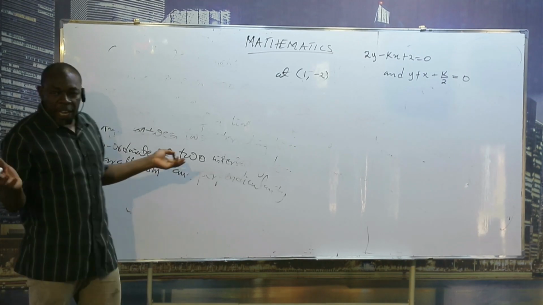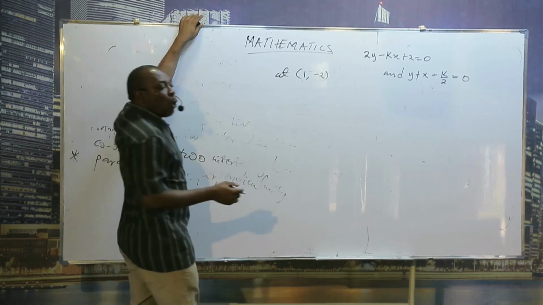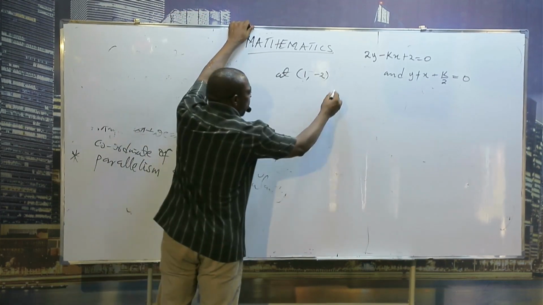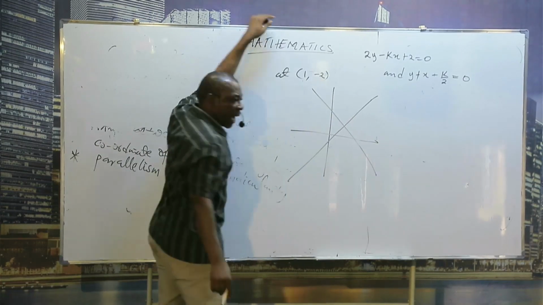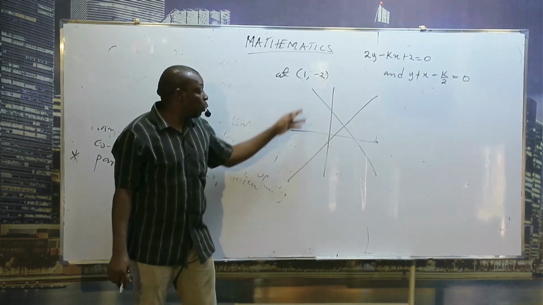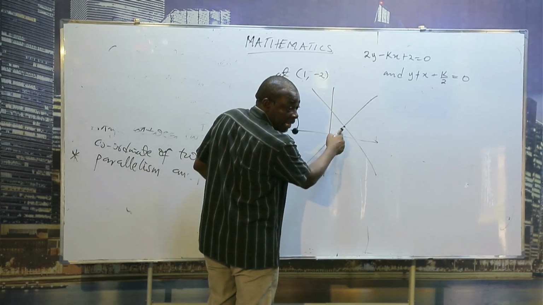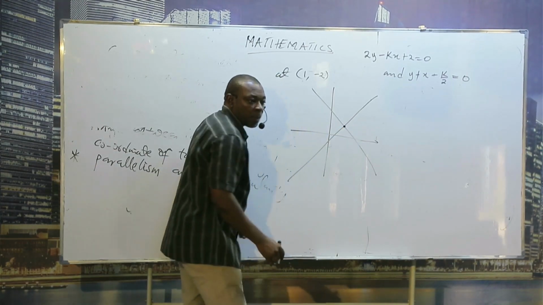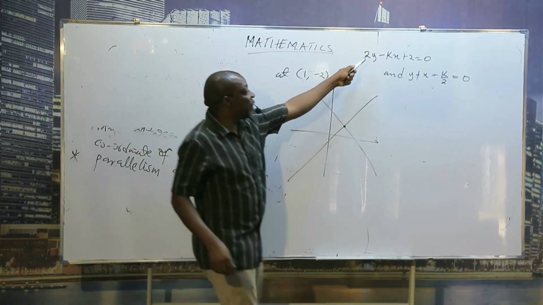Now class, you see, it's simple. From your JS3, you plotted graphs of simultaneous equations where you draw a straight line, you draw another one. If you discover that these two lines are meeting here, this point is a common point that satisfies this equation.